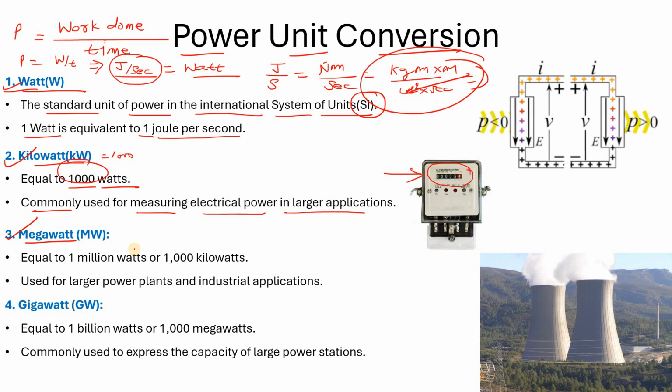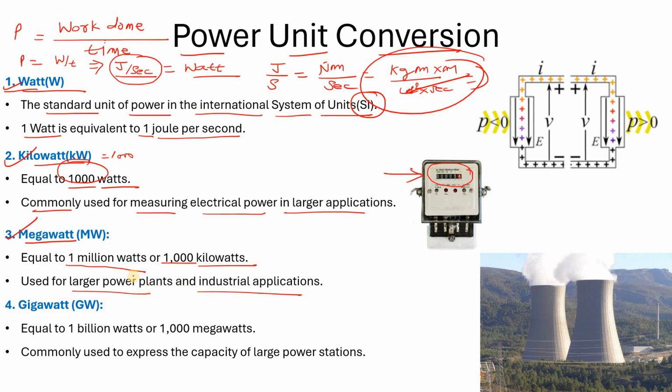A megawatt is equal to 1 million watts, or 1000 kilowatts, and is mainly used for larger power plants and industrial applications.